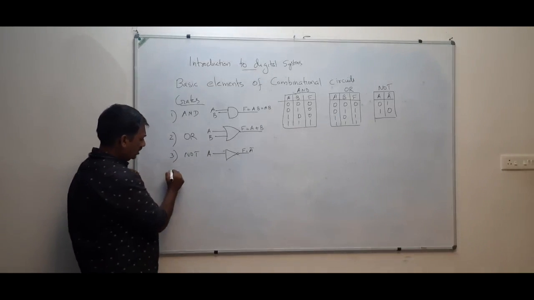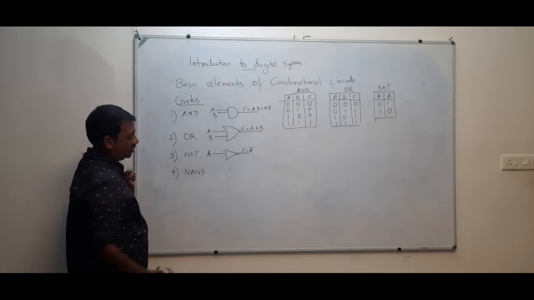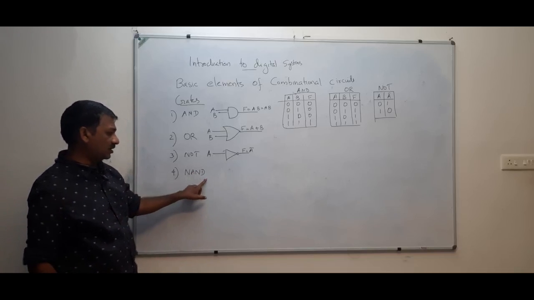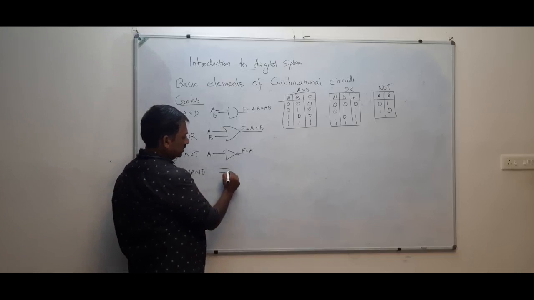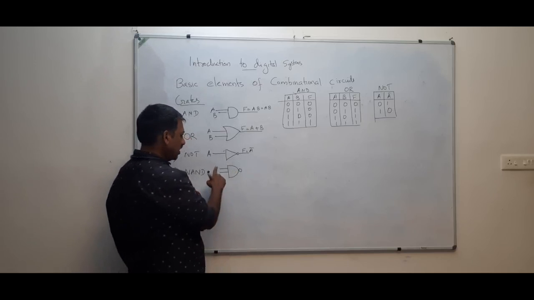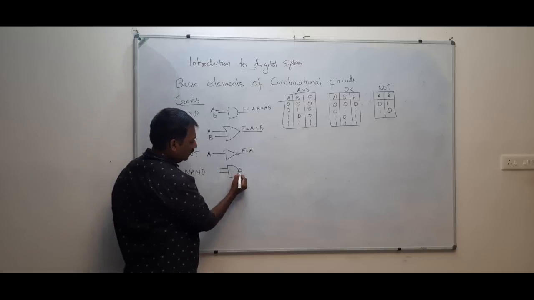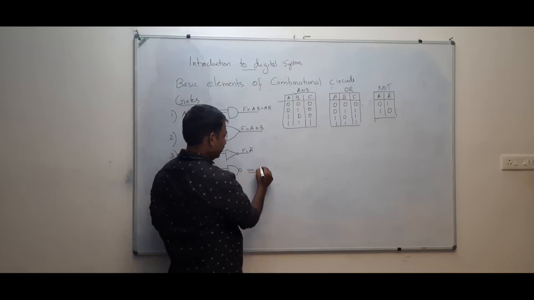Now the next one is NAND. NAND means not of AND. It is represented by an AND gate, and after that a bubble is added. That bubble just means complemented.